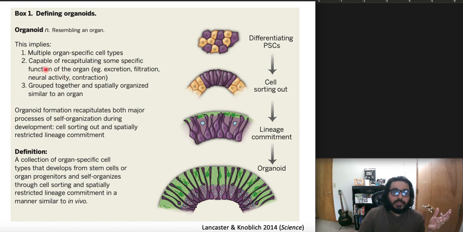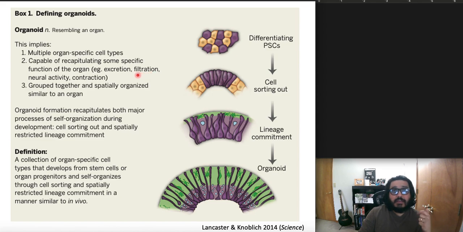Two is that there is some recapitulation of an organ function. At least some function. It doesn't have to be all the functions of an organ, and it doesn't have to do that function in exactly the same way, but it is similar. So if we're looking at a gut organoid, there's some level of excretion of digestive enzymes.